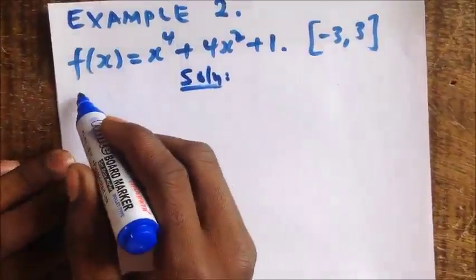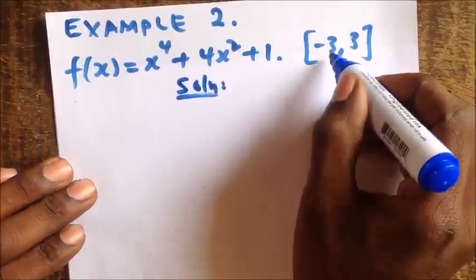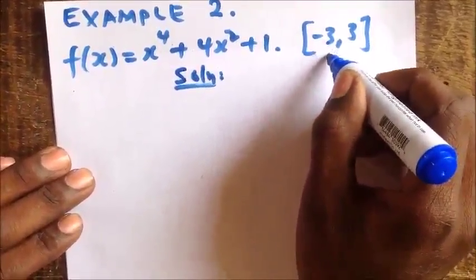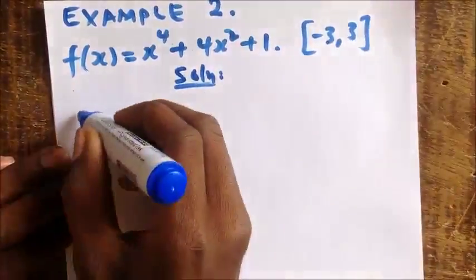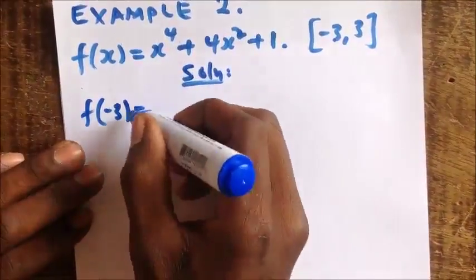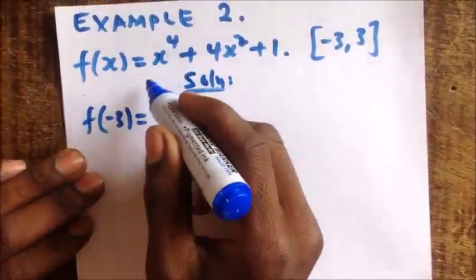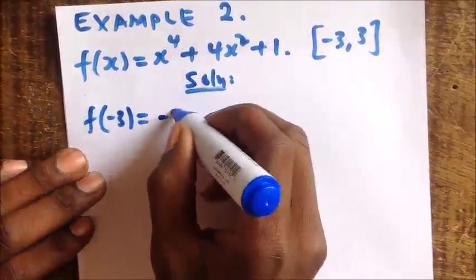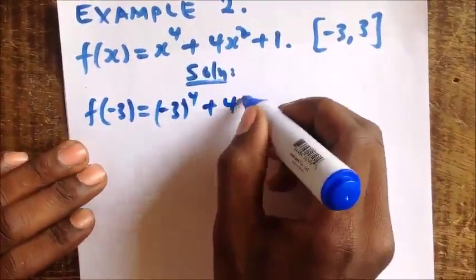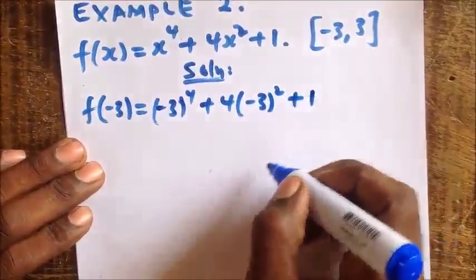So to show whether this function is continuous or not, we are to test f of a and f of b, where a is minus 3 and b is 3. So f of a, which is f of minus 3, is equal to, anywhere we have x in the given function, we should replace it with minus 3. So minus 3 to the power of 4 plus 4 into minus 3 all squared plus 1.